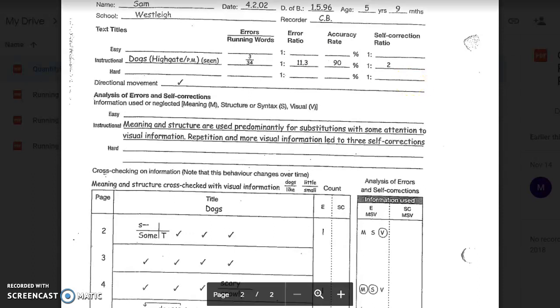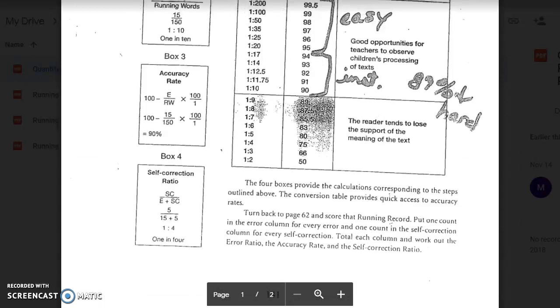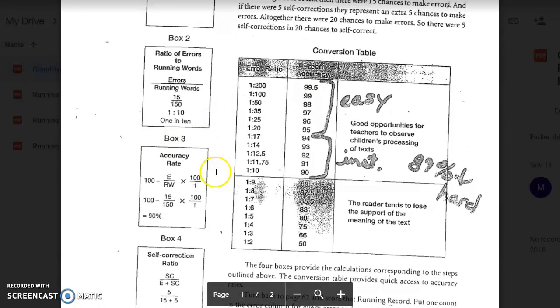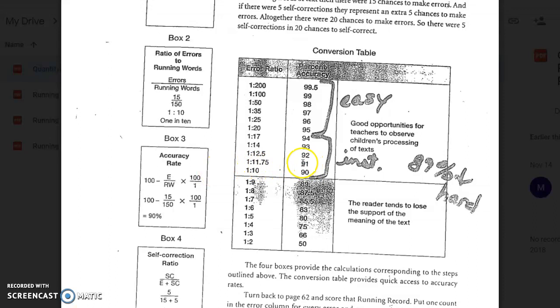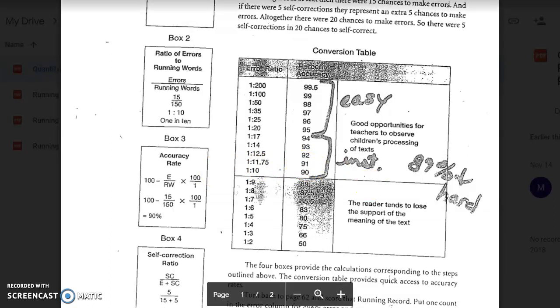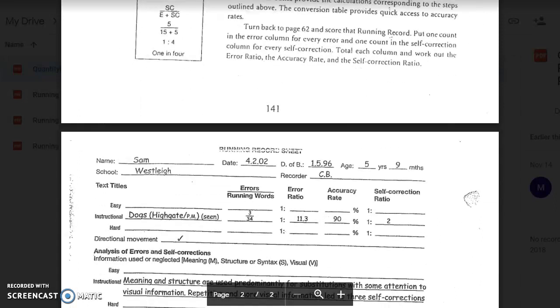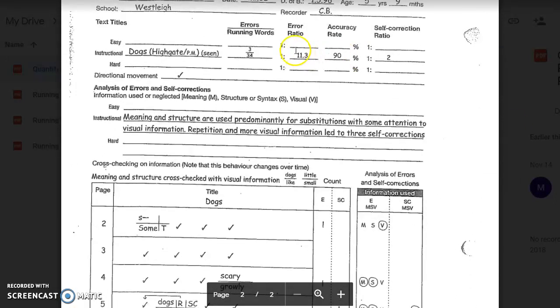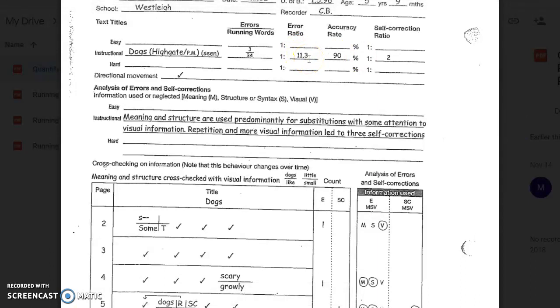When we look at the quantification sheet, and remember I told you don't do the funny math, 1 in 11.3 is very close to between 90 and 91%. I would say it's 91%, but the person who did this marked it as 90%. So the error ratio is 1 in 11.3. For every 11.3 words they read, Sam had 1 error. So his accuracy rate is 90%.